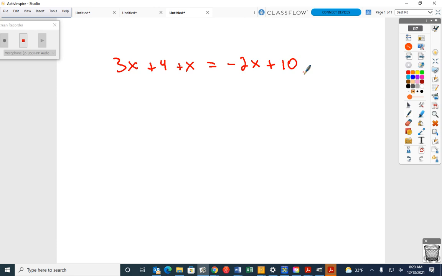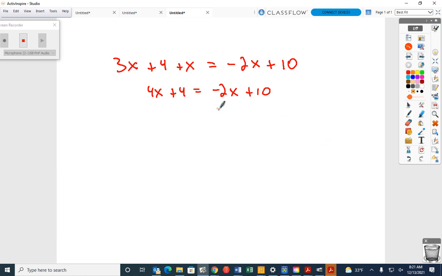Both sides. Okay? So can I combine 3x plus x? And that gives me what? 4x plus 4 equals negative 2x plus 10, right? Well, I need to get these variables on the same side. Who remembers my rule? Or it's not even a rule, but my advice. Which one do I get rid of? The one that has a lower value, a lower coefficient.